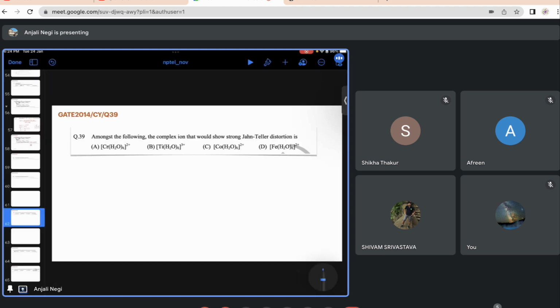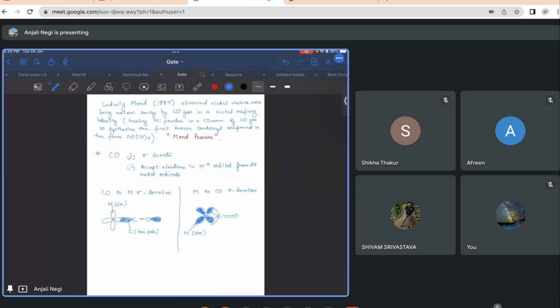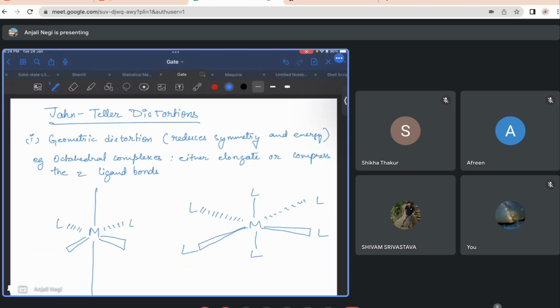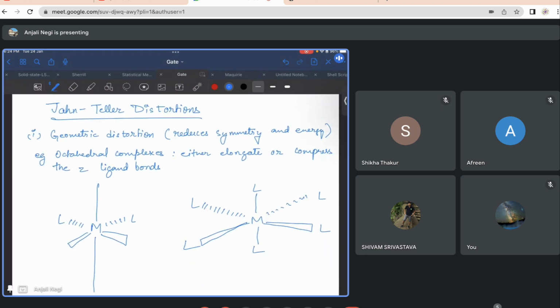Now, before moving into the Jahn-Teller distortion, let's quickly go through the concept of it. Jahn-Teller distortion is a geometric distortion.